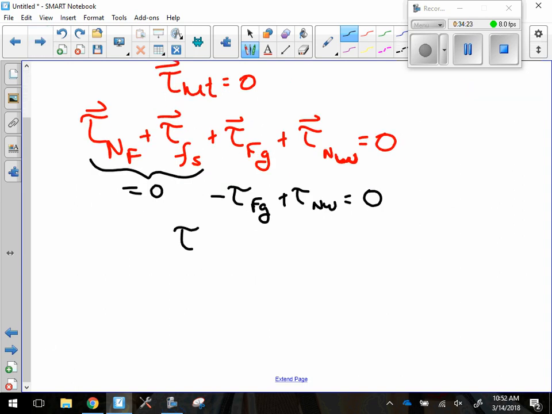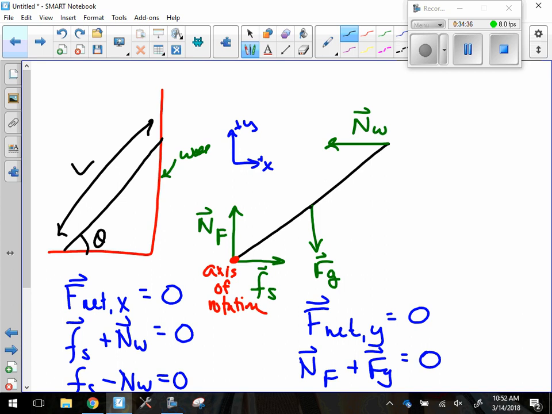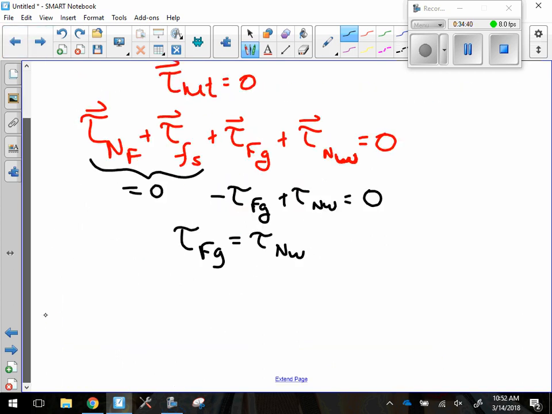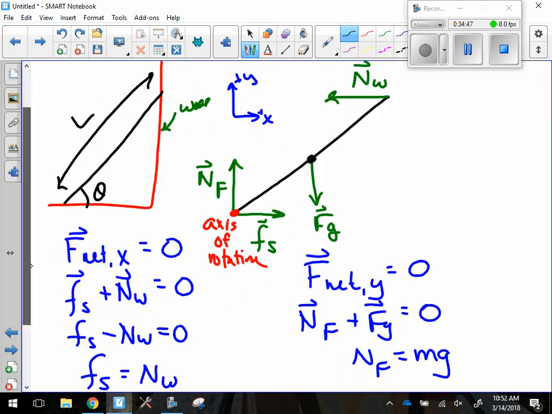So basically, I've got tau Fg is equal to tau Nw. So what's my moment arm for the gravitational force? L over 2. So this is going to give me L over 2 times mg times the sine of what?